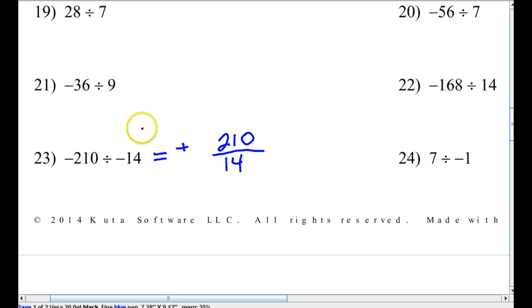Same thing, right? So we can write it either way.